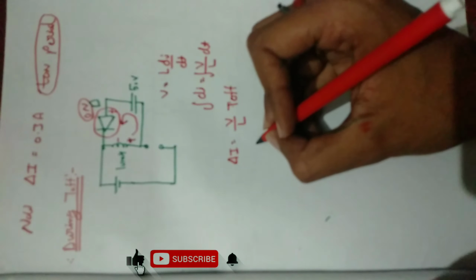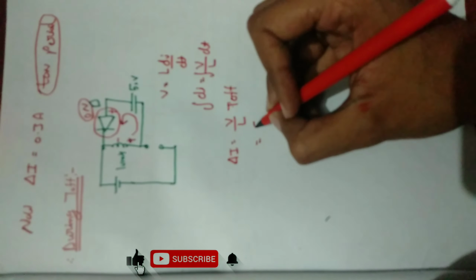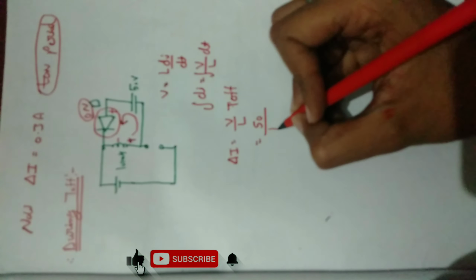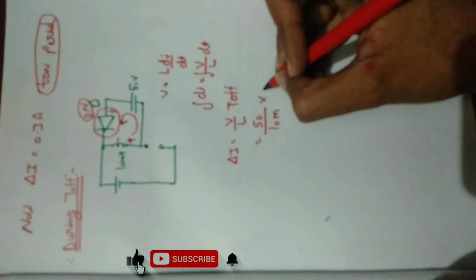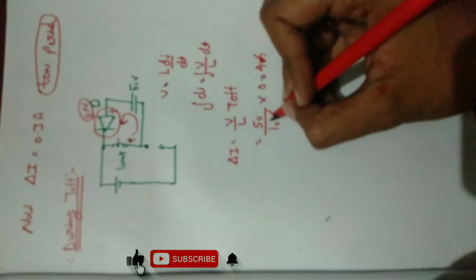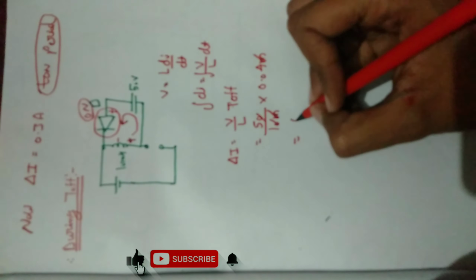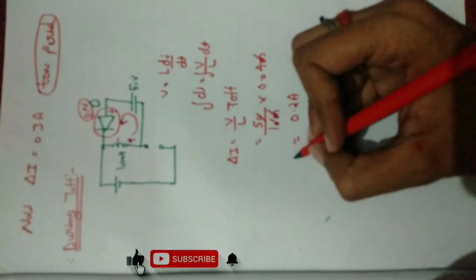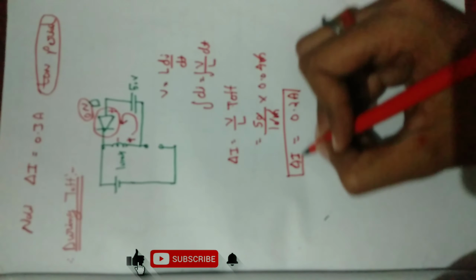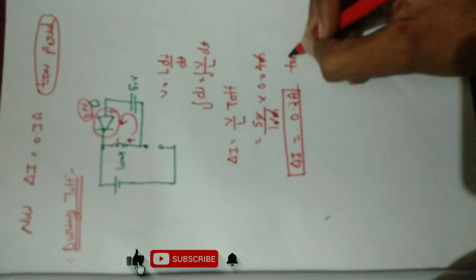Substitute the values: V equal to 50 volt, L is 10 millihenry, T off is 0.04 millisecond. Milli cancels out, 0 cancels out, we get 0.2 ampere current during T off.